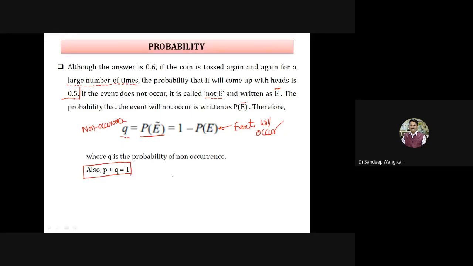So what does this stand for? P for probability of occurrence plus probability of not occurrence.